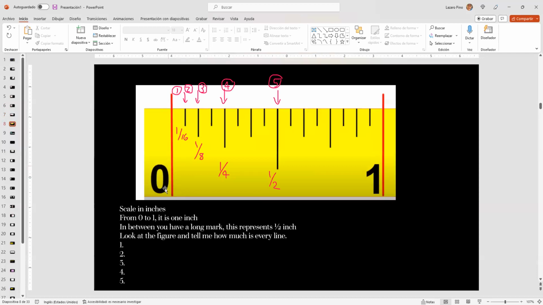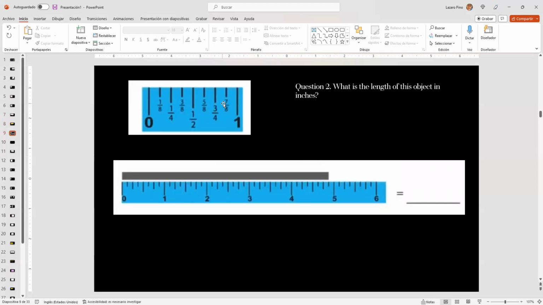If the ruler is in inches, you can observe that between 0 and 1 inch, you have a lot of different units. The largest one is a half inch. But also you can see 1/4, 1/8, and 1/16. These are the different values of every line, or what every line represents.